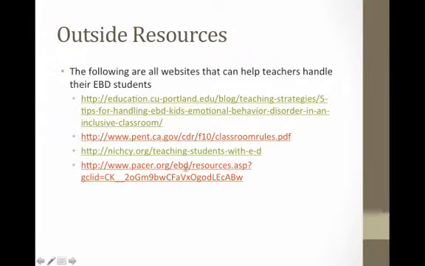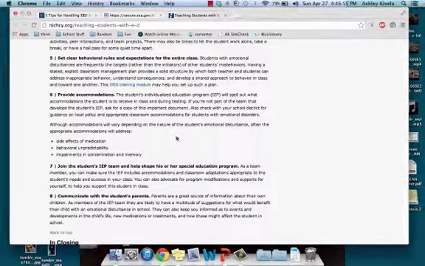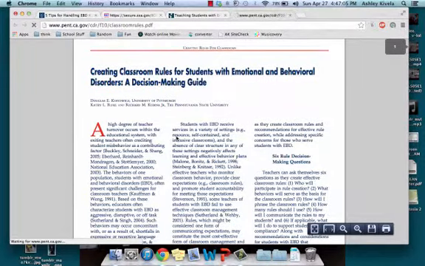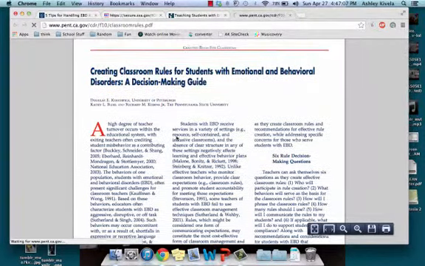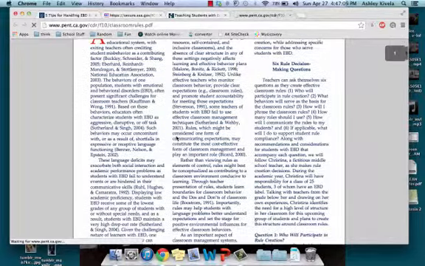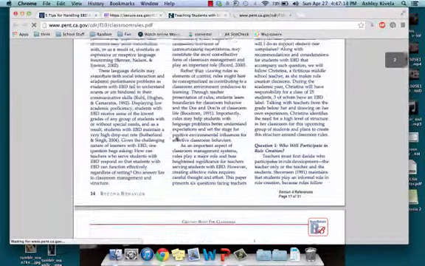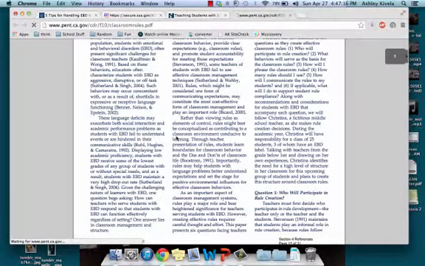Let's look at, we'll do one more. Creating classroom rules for students with emotional and behavior disorders, a decision-making guide. This one I read and it was very good. It was very descriptive.